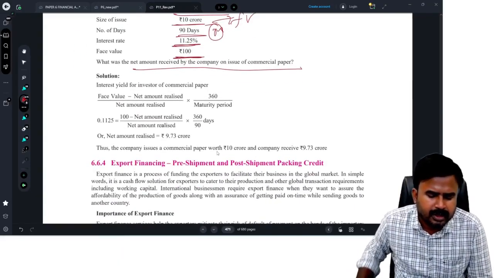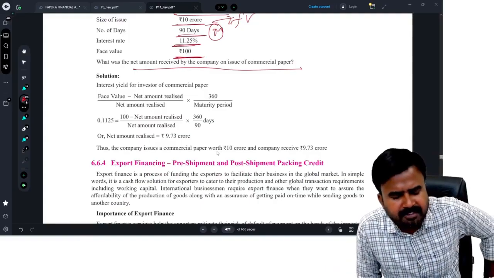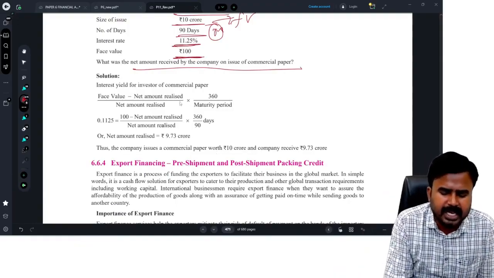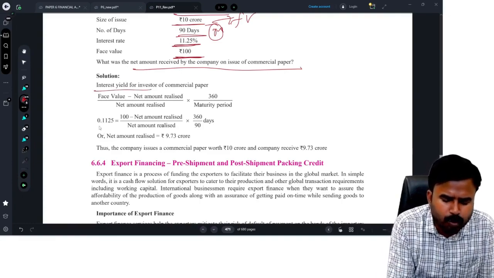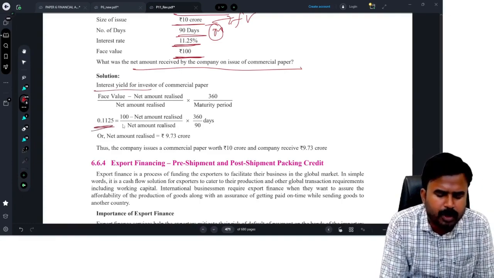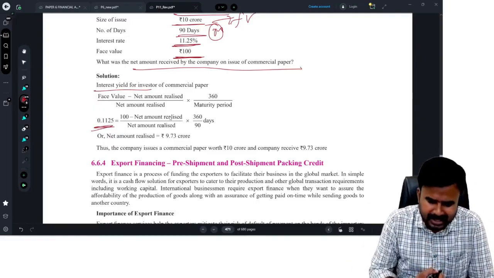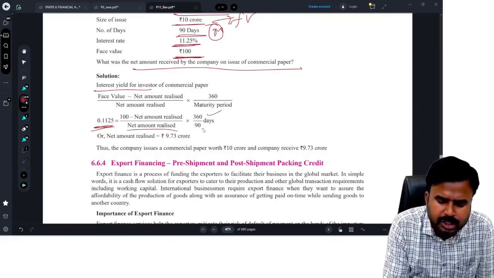First of all, they have applied the interest yield formula. Interest yield is equal to F minus SP, the selling price, divided by selling price, into 360 days by maturity period. Already I know the interest yield, 11.25%, 0.1125. So 0.1125 is equal to 100, my face value, minus net amount realized, the amount received by the company on issue of commercial paper, divided by net amount realized, into 360 by maturity period, 90 days.